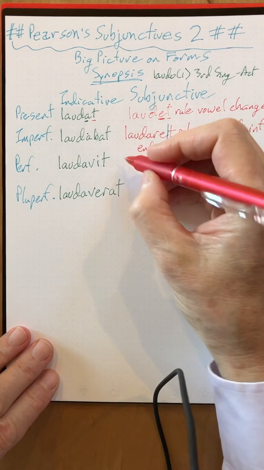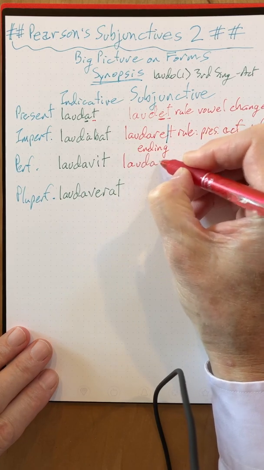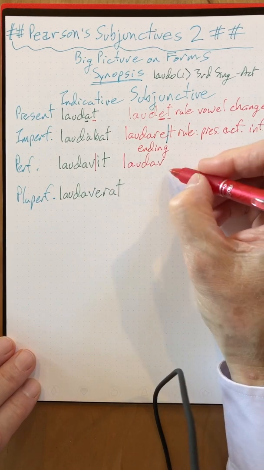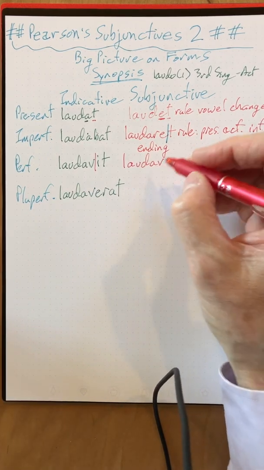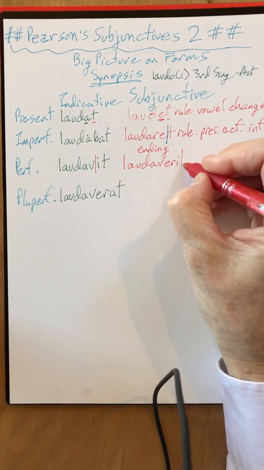Okay, for the perfect, watch this. Lau, dav. Hey, that's familiar. That's the same as that. That's the perfect active stem. Laudaverit.